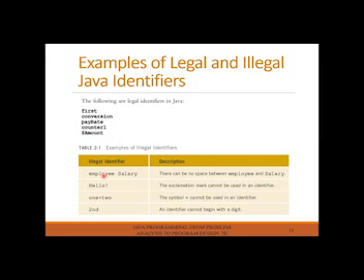Dito po, sa table na to, ito naman yung mga illegal identifiers. Employee salary. Ano pong mali dito? Dito pwedeng gawin identifier kasi may space in between. Mali po yan. There can be no space between employee and salary na words.